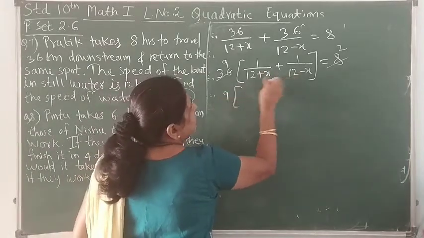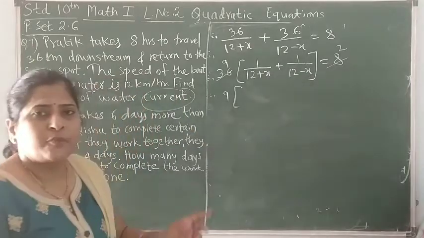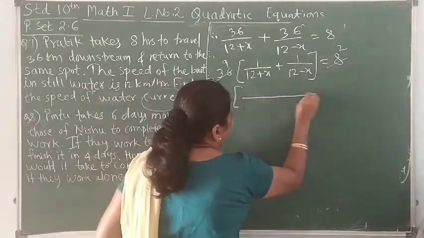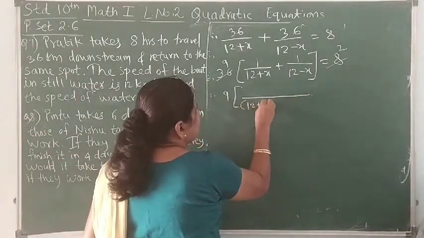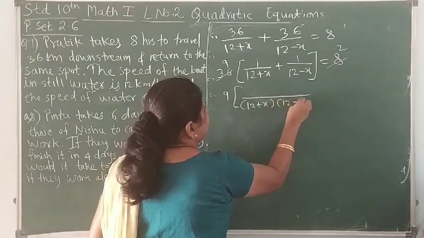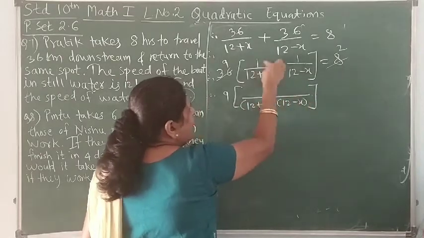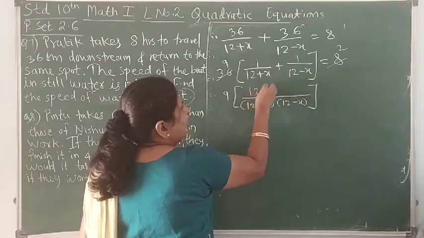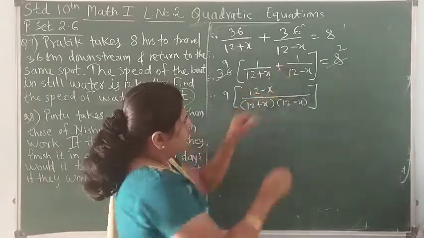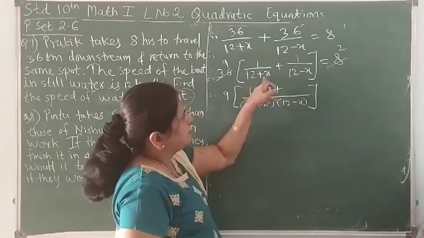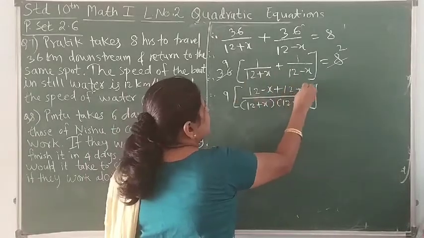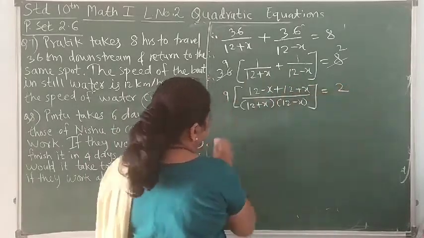Then what is the denominator here? Denominators are not the same. We have to make them the same, so we have to take the product of them: 12 plus x in one bracket and 12 minus x in the other. And here 1 into 12 minus x will become 12 minus x, plus 1 into 12 plus x as it is, is equal to 2.